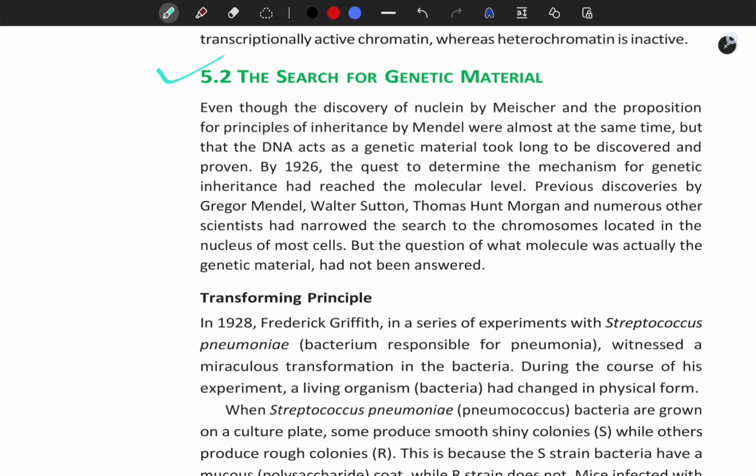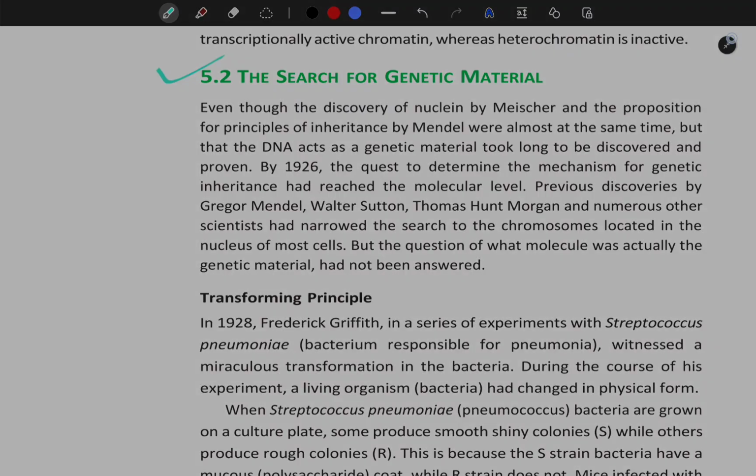Previous discoveries by Gregor Mendel, Walter Sutton, Thomas Hunt Morgan, and numerous other scientists had narrowed the search to the chromosomes located in the nucleus of most cells. But the question of which molecule was actually the genetic material had not been answered.